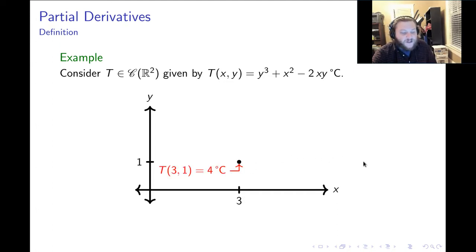So one thing I could do with this scalar field is I could plug in the coordinates 3, 1, and the output here equals 4 degrees Celsius. So the idea is that at this particular location, temperature is 4 degrees Celsius. So if I was standing at the point 3, 1, I would observe a temperature of 4 degrees Celsius.